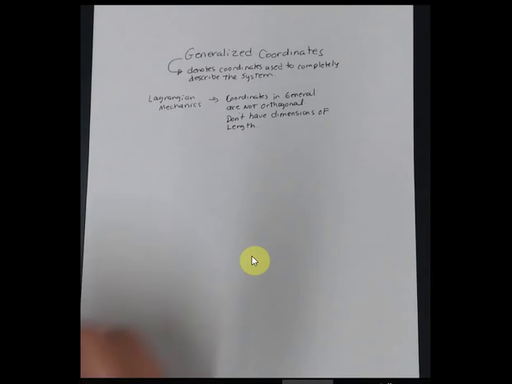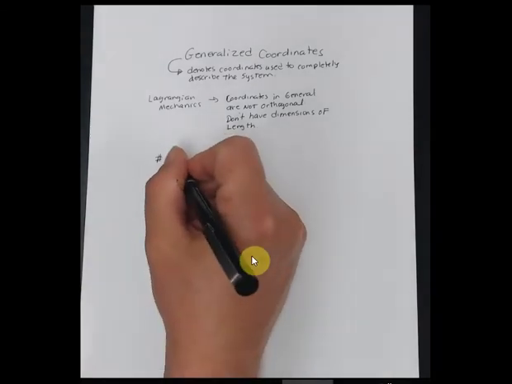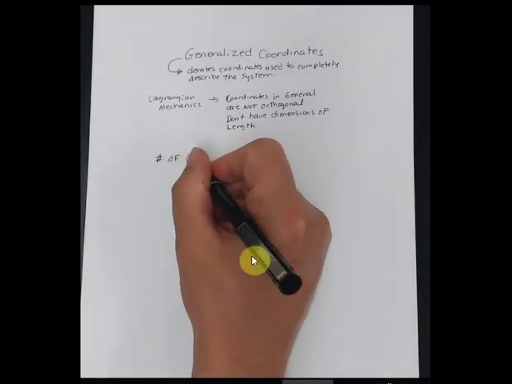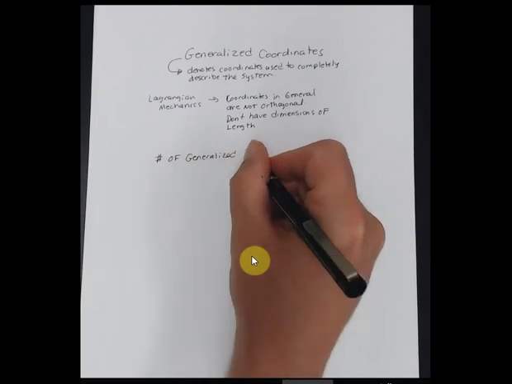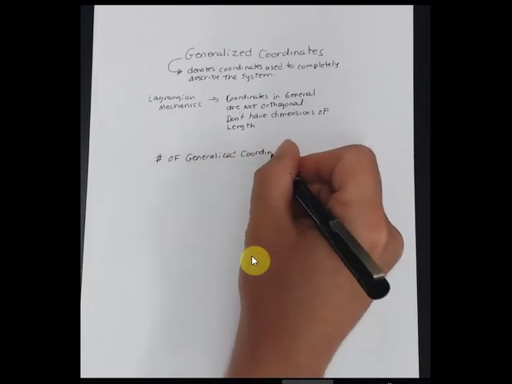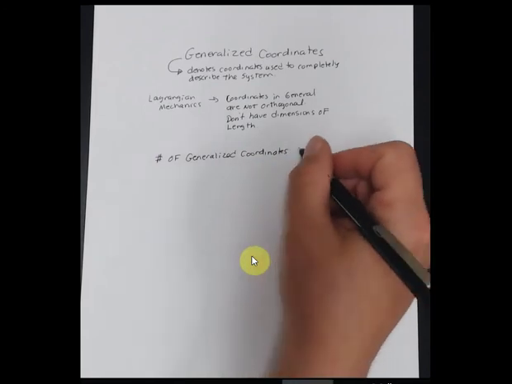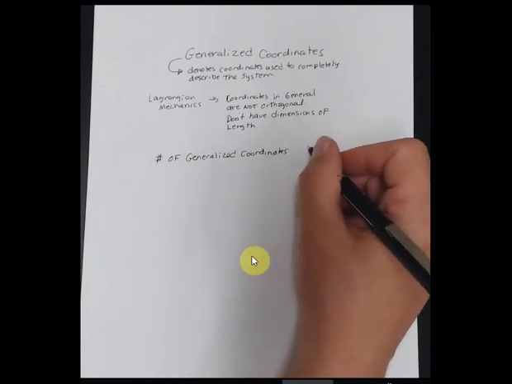The number of generalized coordinates needed is equal to the number of degrees of freedom for the system.